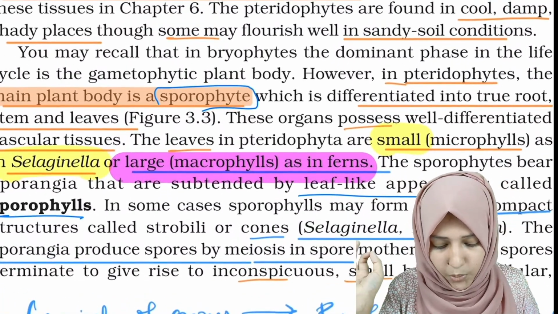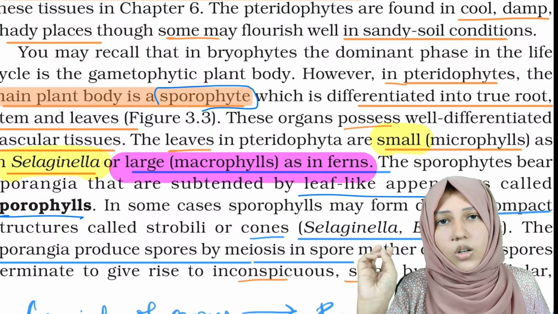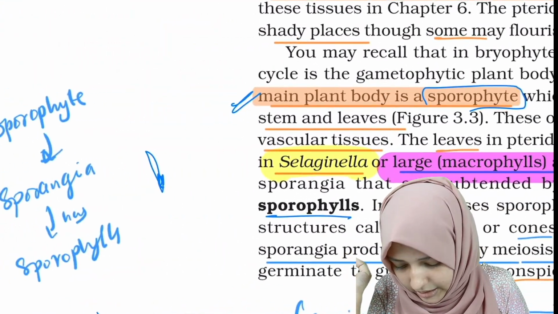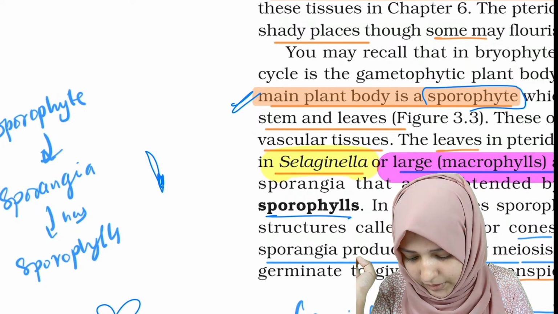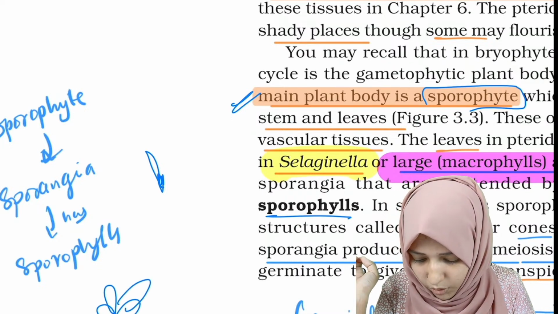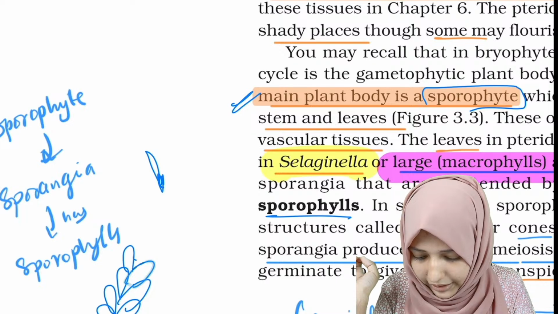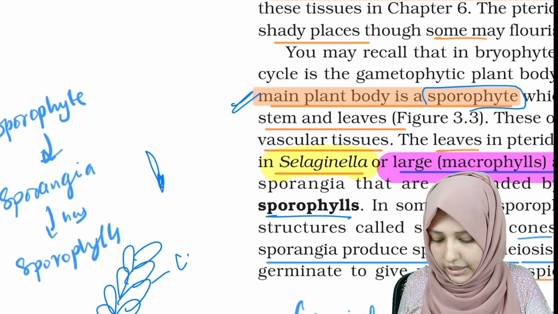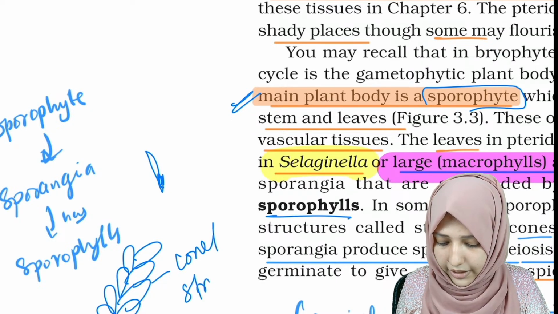In some plants, sporophylls also form compact cones, an aggregation of these leaves, known as cones or strobili.